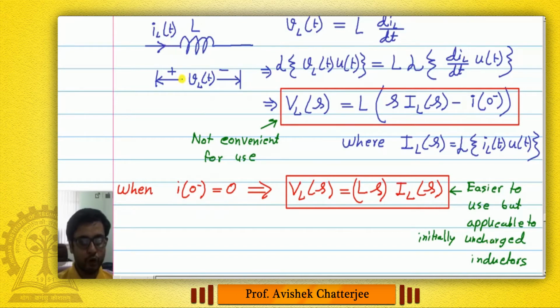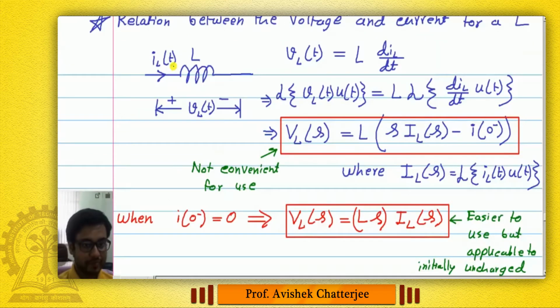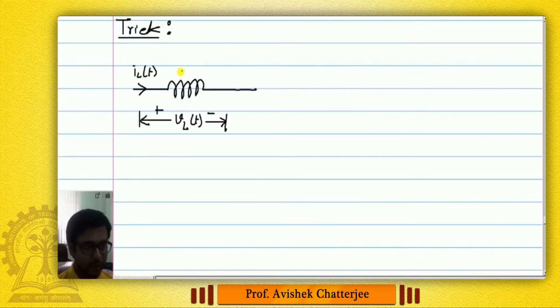Okay, so therefore in solving circuit problems, we will use a small but convenient trick, which is like this. Suppose the initial current through this inductor, that is IL(0-), is equal to I0, some constant number. Then what is the relation between IL and VL? We can write VL is equal to L di/dt.